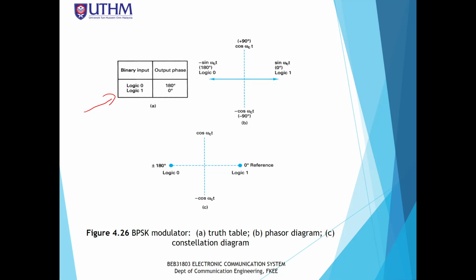Kita menggunakan binary, bermakna input adalah single digit. Input logik kosong, outputnya adalah 180 darjah. Input logik 1, outputnya adalah 0 degree. Remember this is a BPSK, so dia berlaku perubahan fasa. Okay, so ini dia punya truth table.